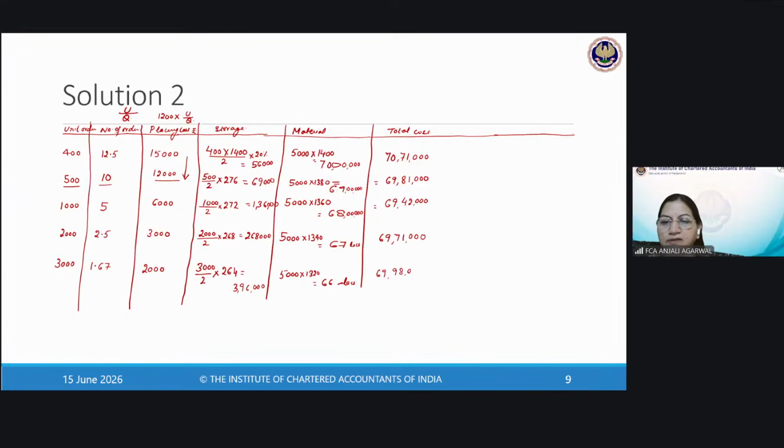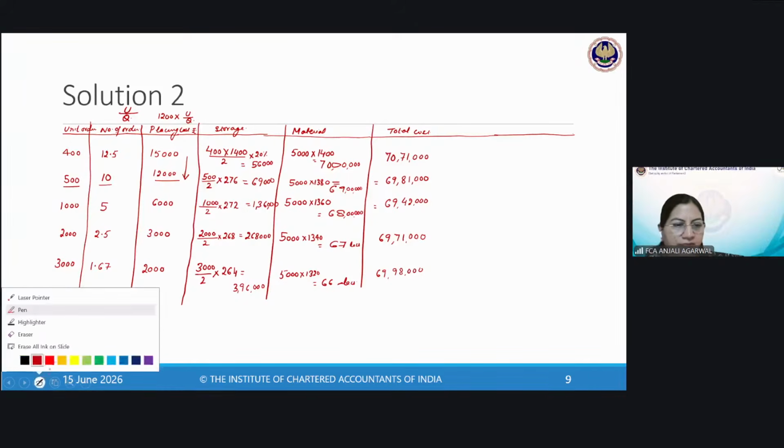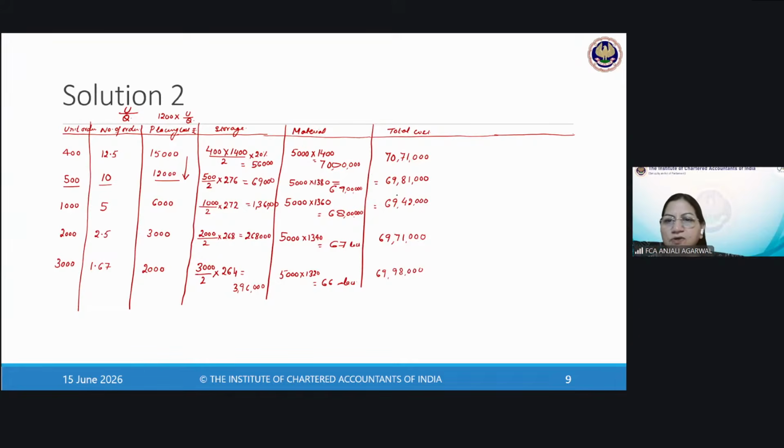So your total cost is 69 lakh 98,000. When you look at these figures, at which level do you find that your total cost is least? So we see that the total cost is least at 69 lakh 42,000, which means we should place 5 orders and order 1,000 units at a time.